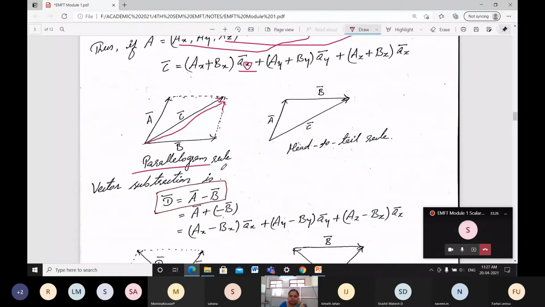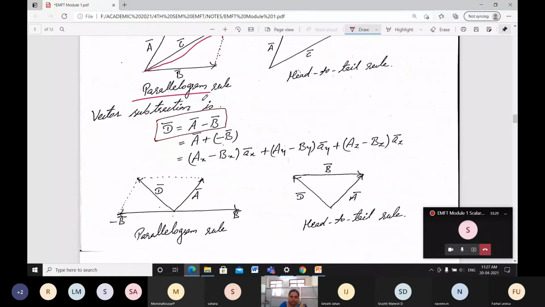Then about vector subtraction, D bar equals A bar minus B bar. What I can write is A bar plus minus B bar. It is like summation only.